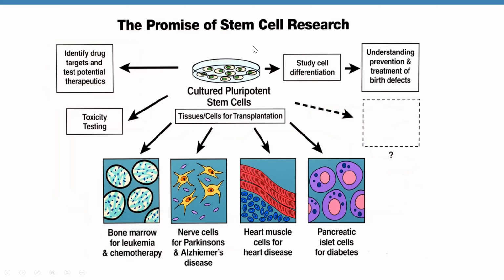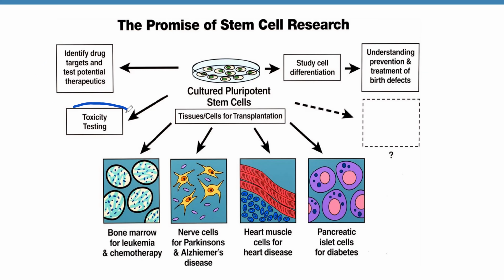Right, so here are the promises of stem cell research. Cultured pluripotent stem cells can be used to study cell differentiation and understanding and prevention and treatment of birth defects. It can be used for identification of drug targets and to test potential therapeutics, like some drugs, how drugs affect our cells.